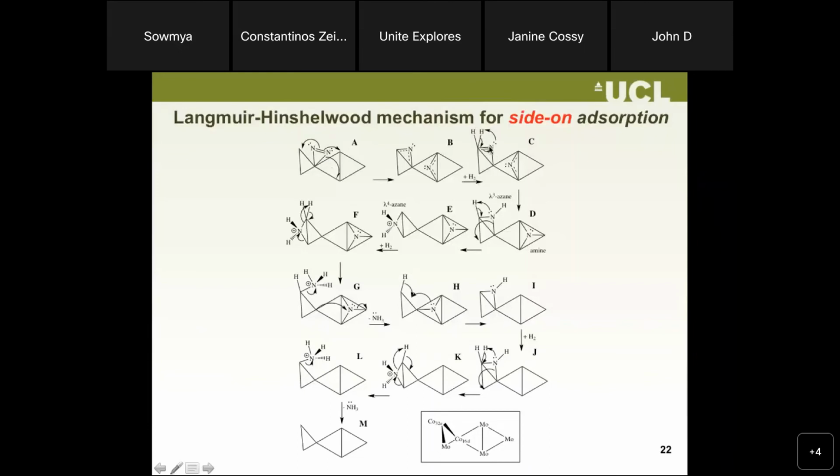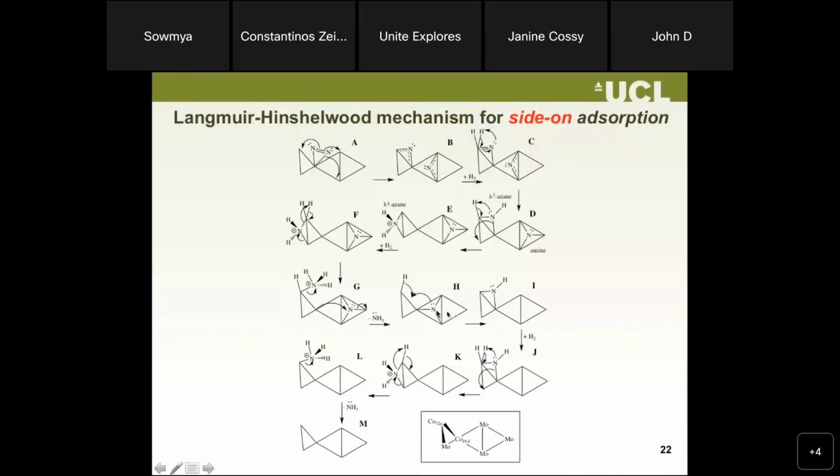Then hydrogen transfers to the nitrogen atom, forming this amine intermediate. Then another hydrogen adsorbs to the nitrogen, forming this azane intermediate. And then finally, a third hydrogen transfers to the nitrogen, forming NH3, which then produces the first stoichiometric ammonia, which is dissolved from the surface.